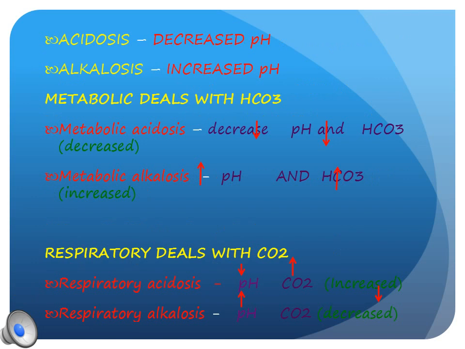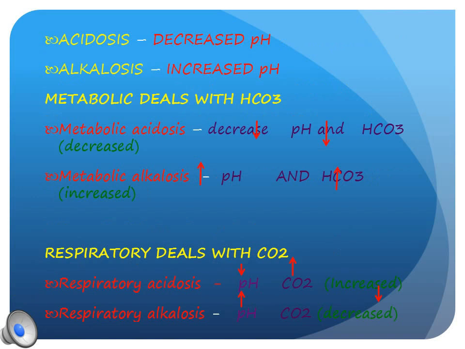In this slide, revising once again regarding acidosis and alkalosis and the metabolic and the respiratory part. We all know now acidosis means there's a decrease in pH. It's a dictum. And alkalosis means there's an increase in pH. So what do the metabolic and the respiratory parts have to do with it? Metabolic always deals with the HCO3 or the bicarbonate.